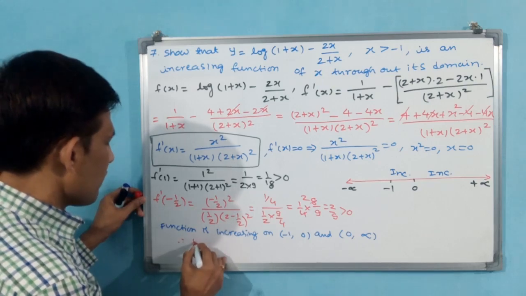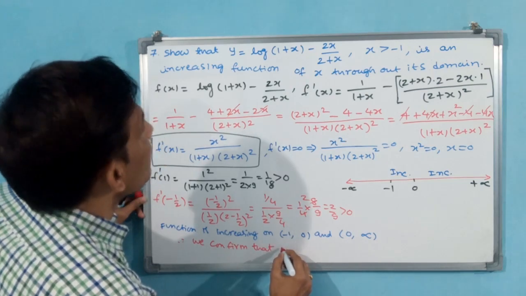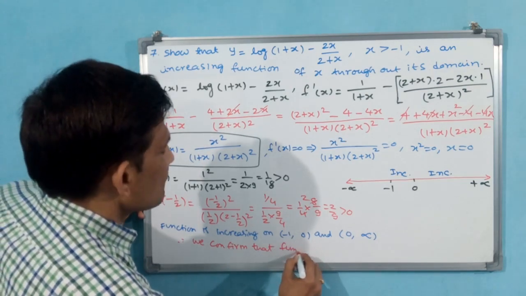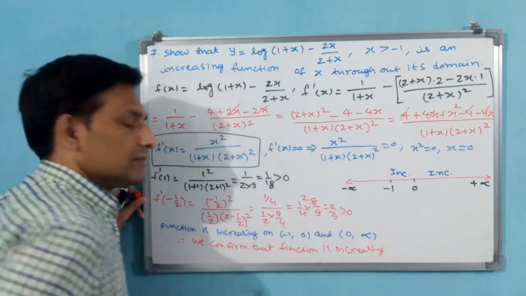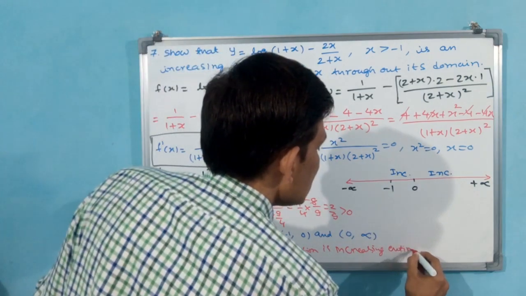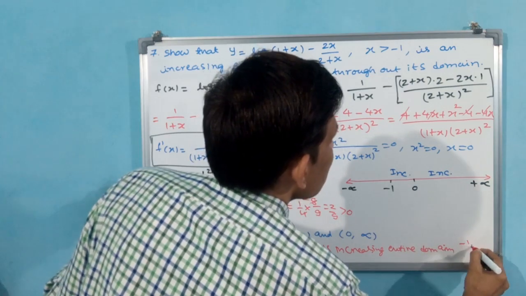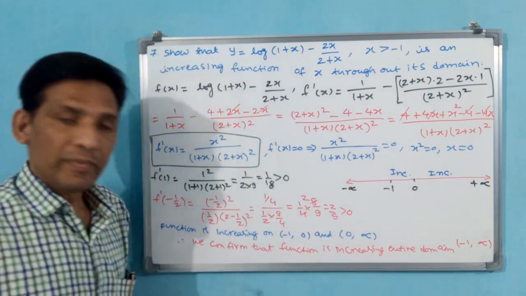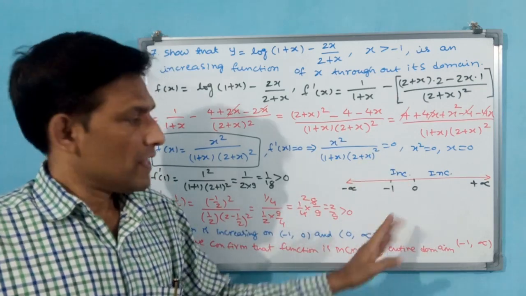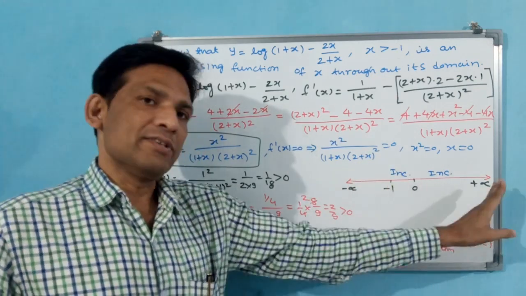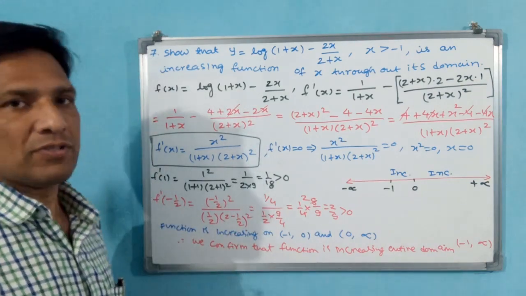Therefore we confirm that function is increasing on the entire domain, minus 1 to infinity. Okay, it may not be applicable at 0, but before 0, after 0, all are increasing only, continuously increasing. That is why we can confirm that this is an increasing function. Okay, like this you write and close this question.